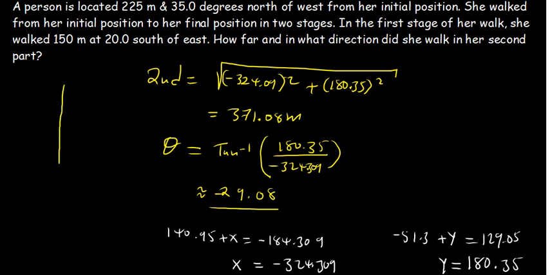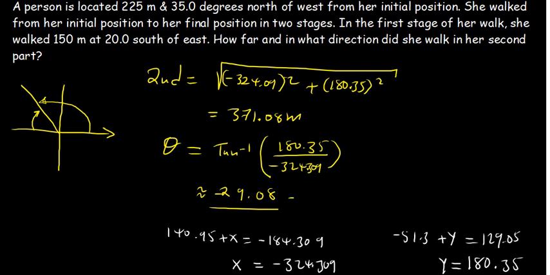Now if we look at these two values, the x component is negative, meaning it is going to be on this side, while the y component is positive. So the vector is going to be here, meaning the angle we have found is always related to the x-axis. Now I want to give the angle starting from the positive x-axis.